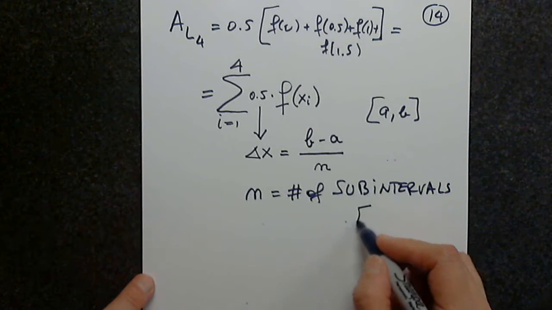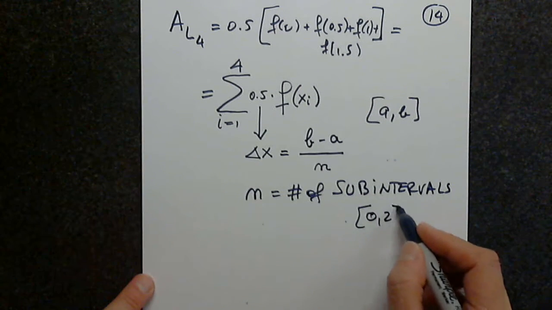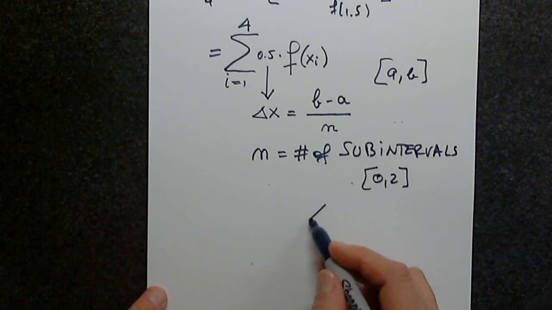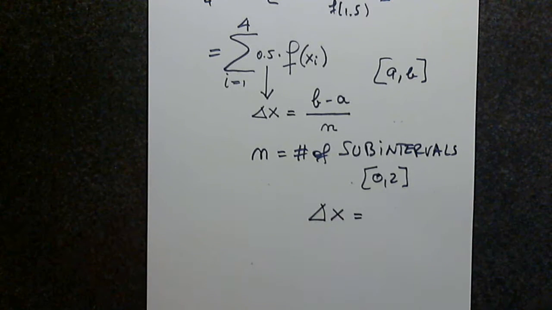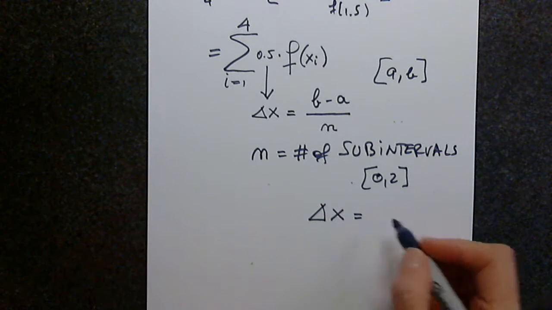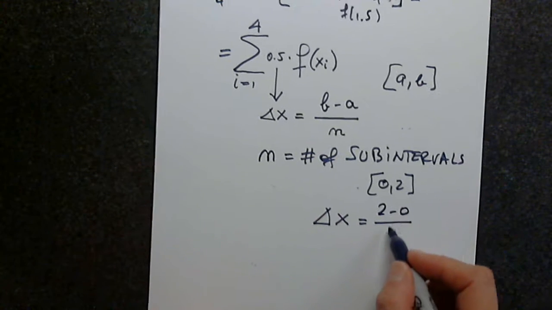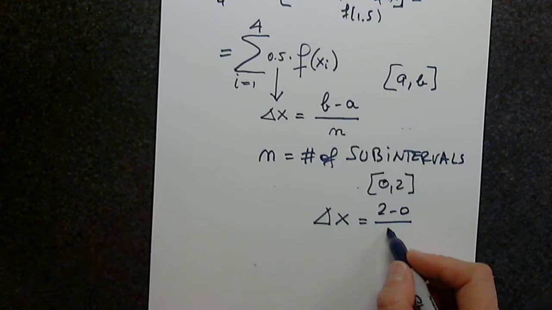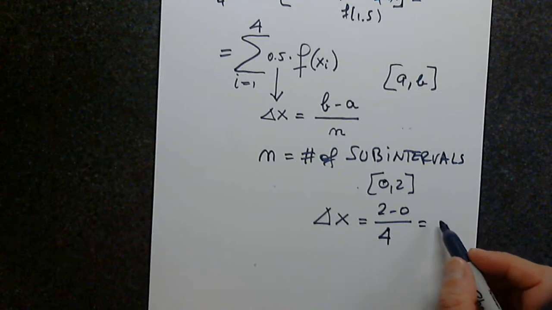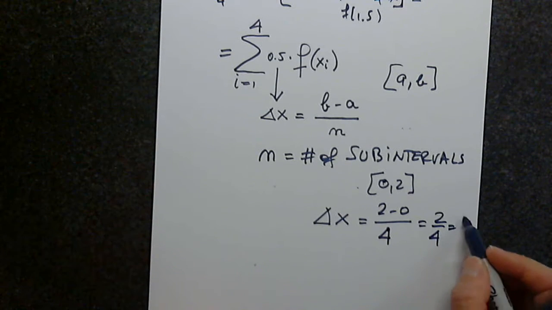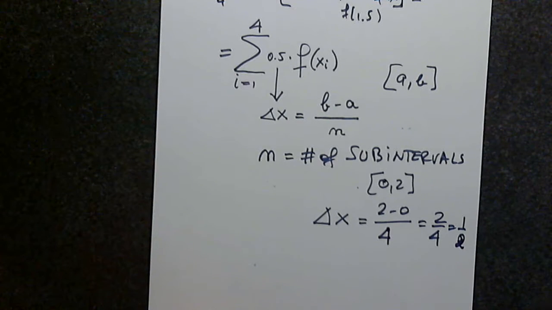In our example, we had 0, 2. Can anyone identify delta x in our situation? Let's just write it, don't calculate it. I just want to write it so everyone sees it. 2 minus 0 over, what was our n? 4. That's why we get 2/4 or 1/2, which is 0.5.